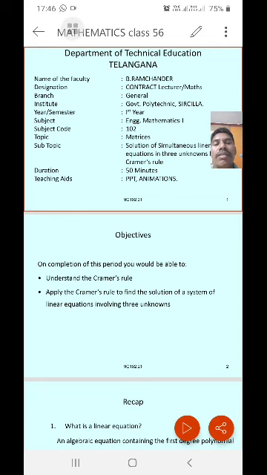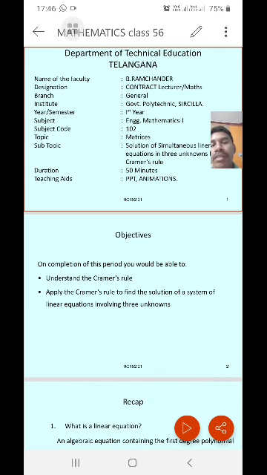So practice, and this is a very easy method, and the formula is also very simple. We can easily remember the method, and this method may come in exams because in previous years it was asked many times.